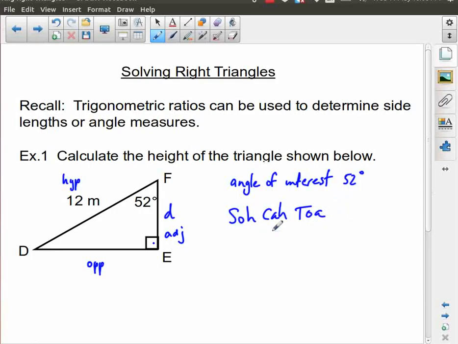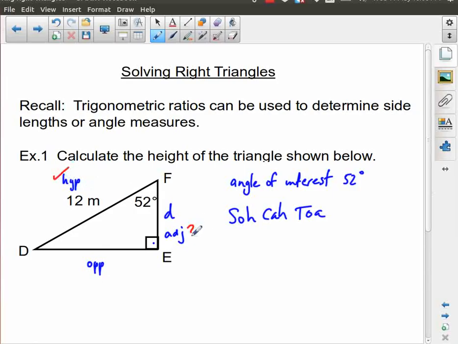And the reason I write this out, I can use this for more than just remembering how to write out the ratios. It also helps me figure out which ratio to use. So let's take a look out of the three sides that I have available. Which sides am I either interested in or do I have values for? And as you can see here, I have the value for the hypotenuse.